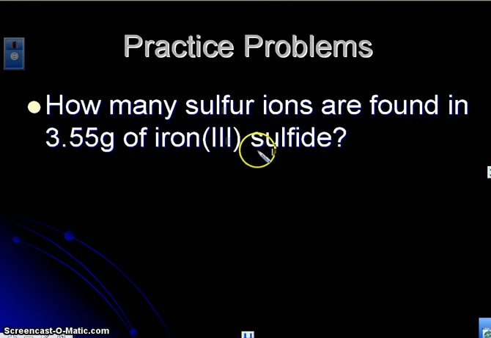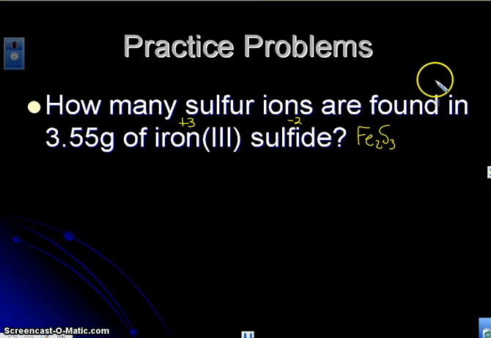We're going to need to figure out the formula. The name, iron 3, tells us that the iron has a +3 charge, and the sulfur has a -2. So we know that formula is going to be Fe2S3 to give us a neutral compound.